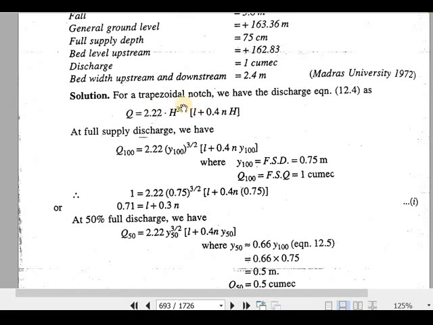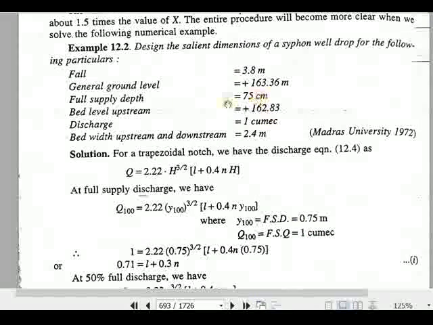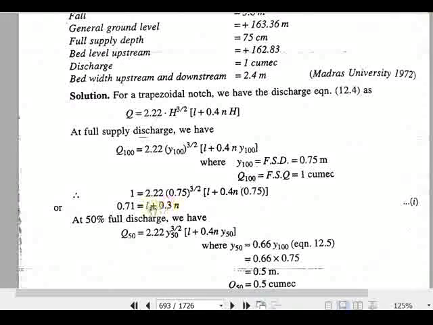For a trapezoidal notch we have the same equation which we discussed. For 100% we have H and y, for y equal to 0.75 meter for 1 cubic discharge. This is the full supply depth 0.75 meter, discharge 1 cubic. Then we can get L and n. So for 50% full supply discharge we have Y50 equal to 0.66 into Y100.